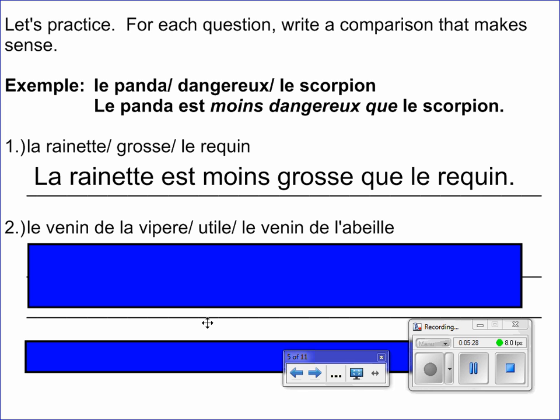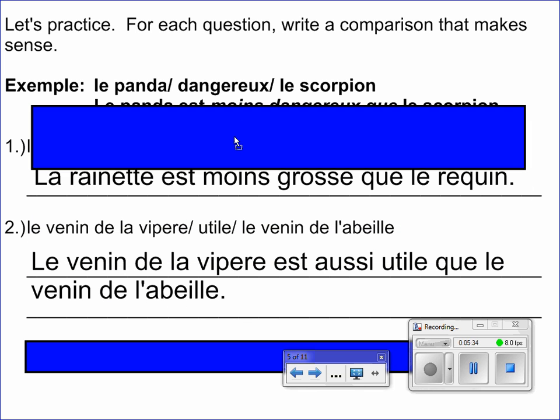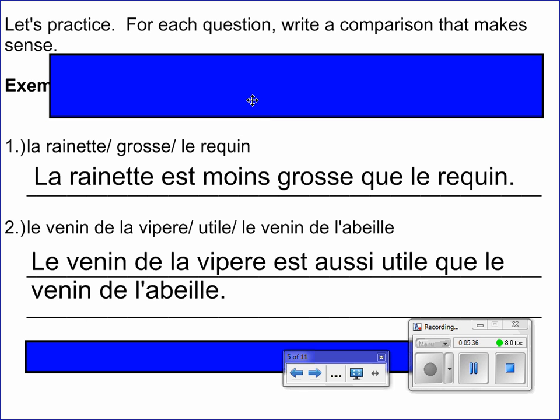Both types of venom are used for different purposes, but they're both very important. So I would write le venin de la vipère est aussi utile que le venin de l'abeille. The viper's venom is as useful as bee's venom.